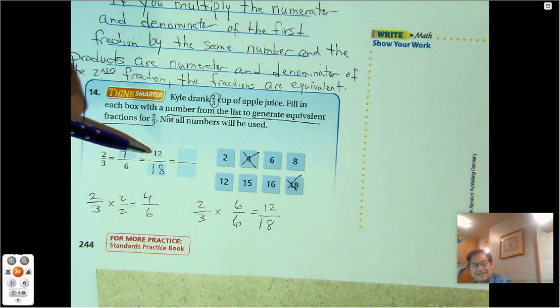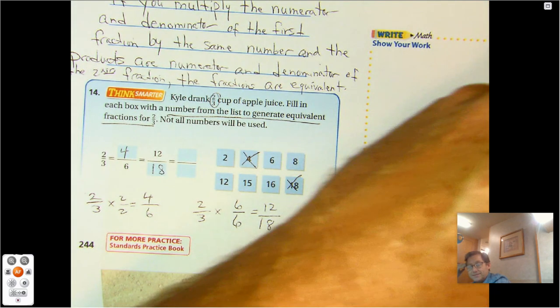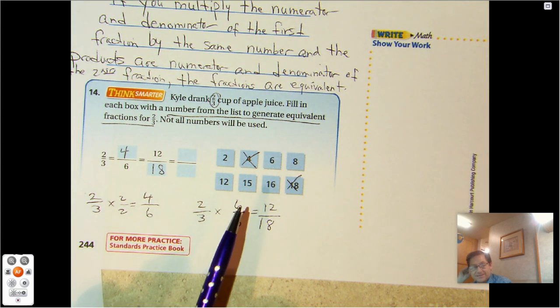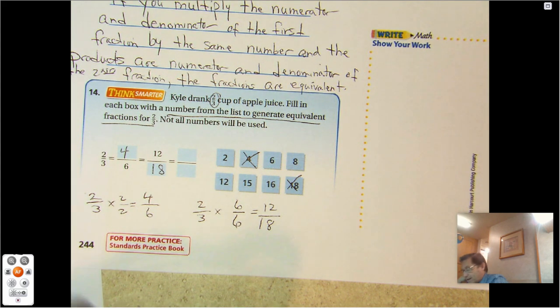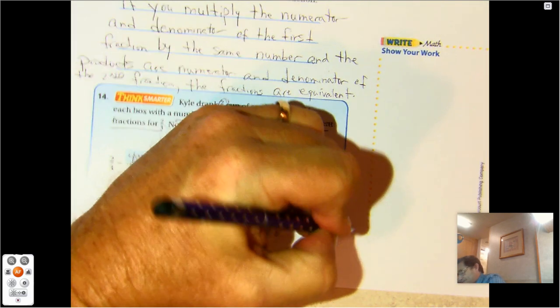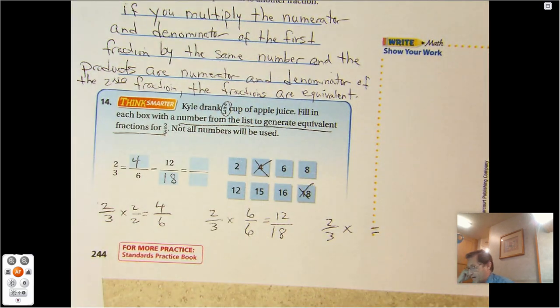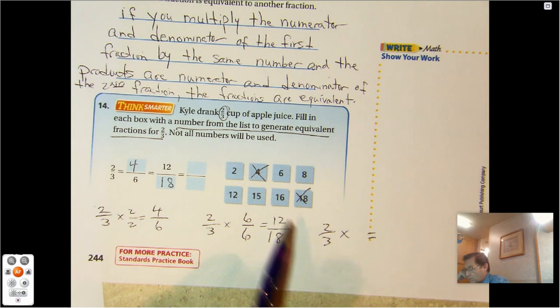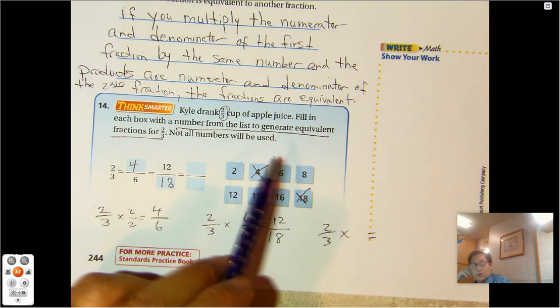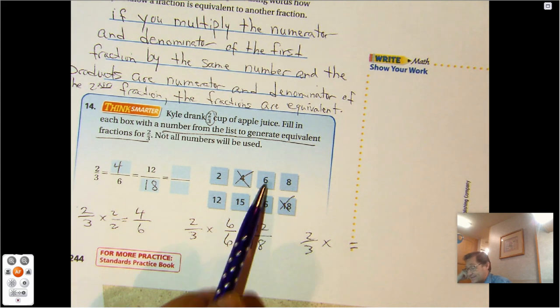Well, it looks like it's got to be a number. The numerators are increasing, and the denominators are increasing. So what could I multiply by? What can I multiply 2/3 by to get one of the other fractions? So let's look at the thirds. Which one of these is a multiple of 3? 6 is.